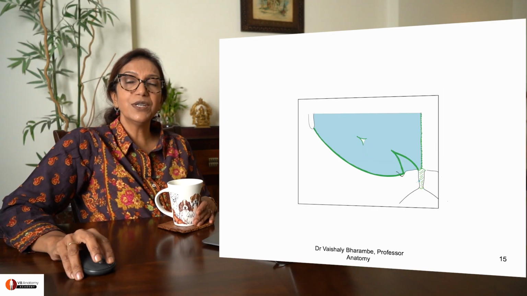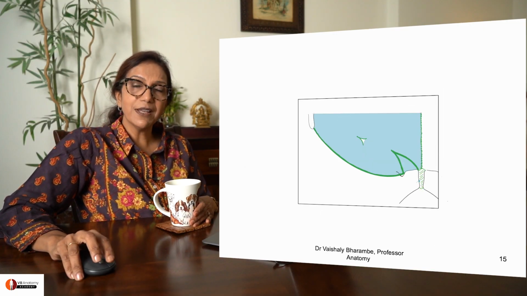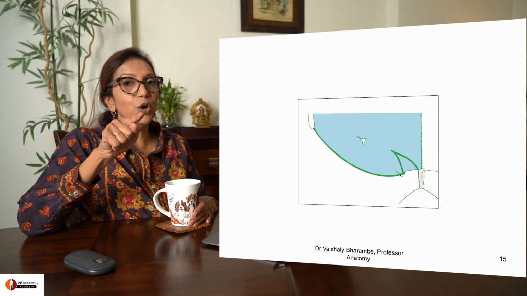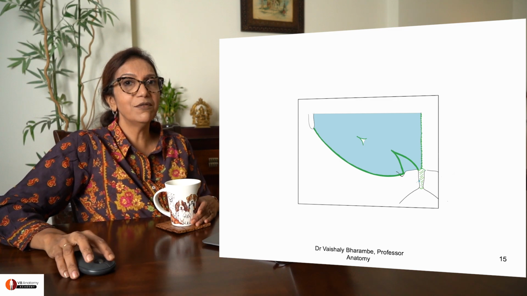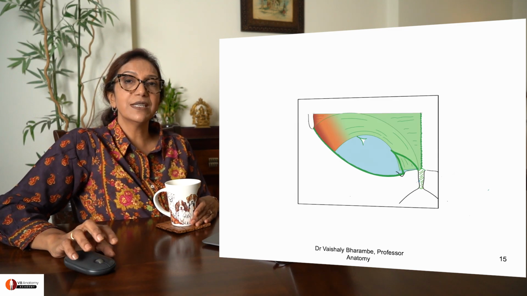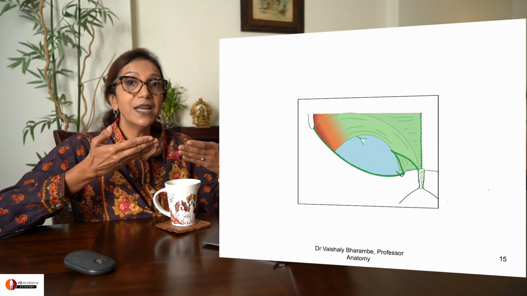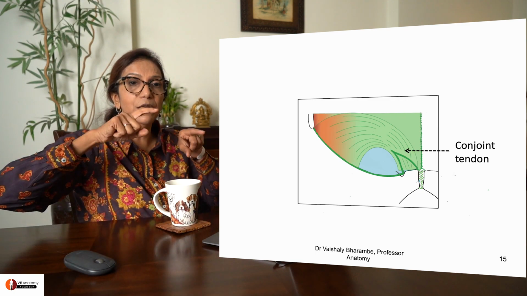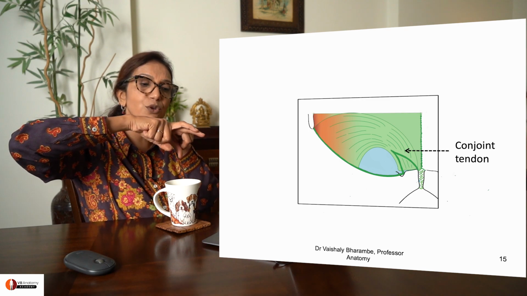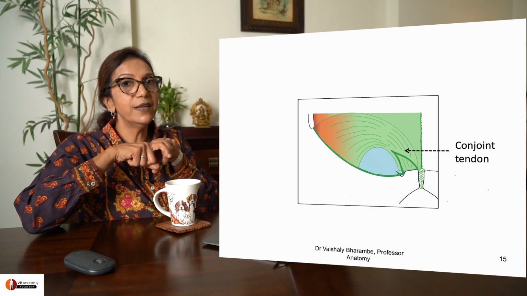So, most posteriorly, what do I get? Fascia transversalis. What is the gap in it called? Deep inguinal ring. What will I find immediately in front of it? Transversus abdominis. What will I find in front of transversus abdominis? Internal oblique. The two, internal oblique and transversus, unite medially to form which tendon?